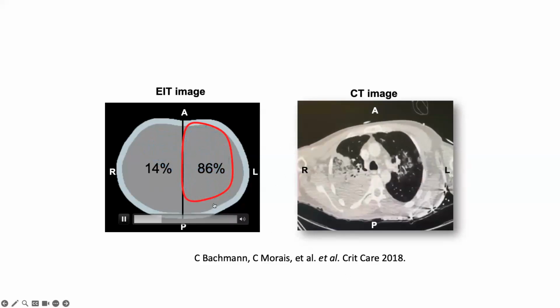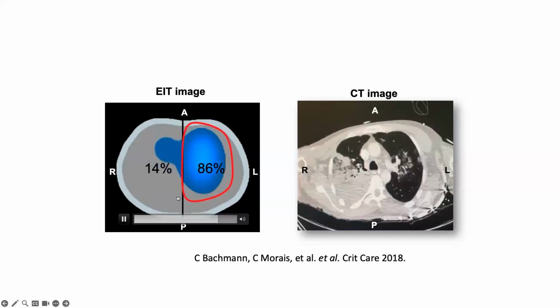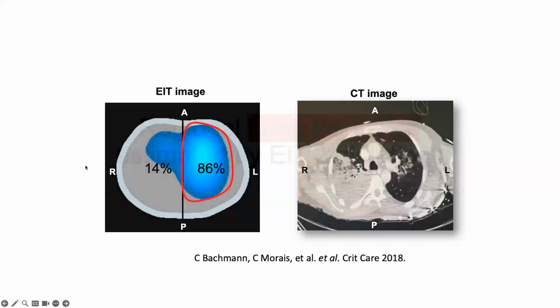In fact, this left lung is receiving what would be proportional to 12 cc per kg. And the CT image of the same patient shows a huge regional pneumonia in the posterior right side of the lung, agreeing with the functional information collected by EIT.